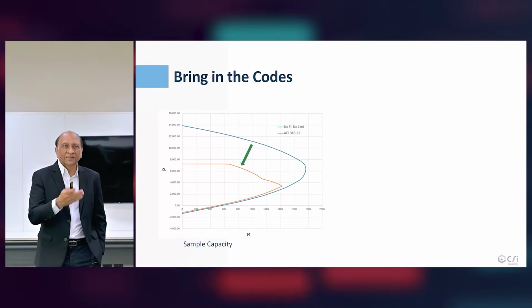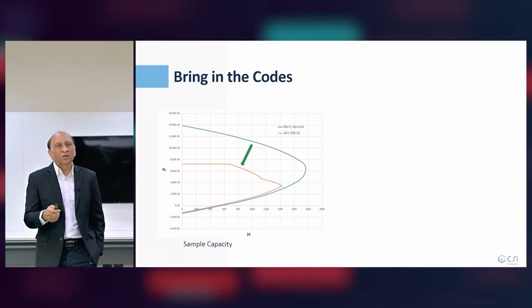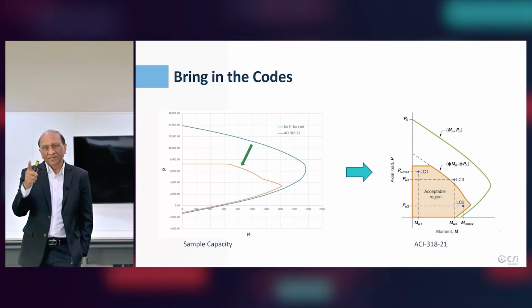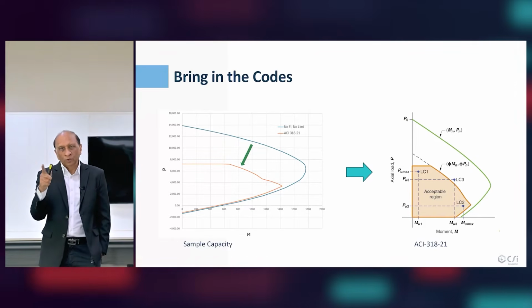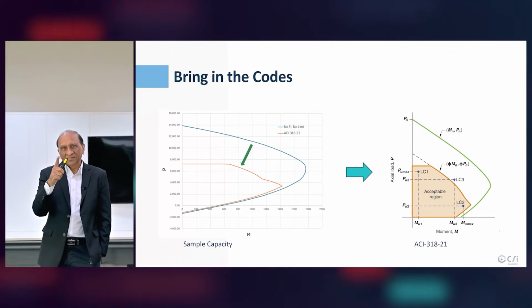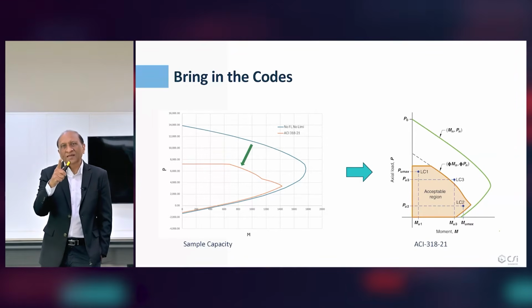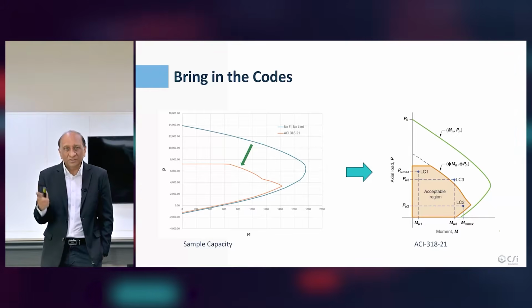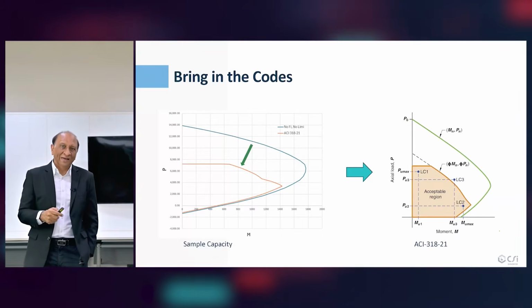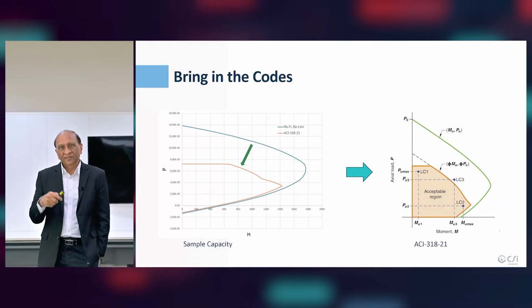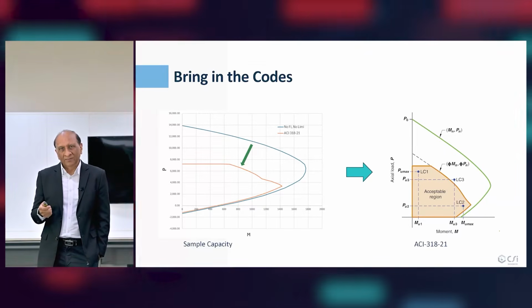There's a larger reduction on the concrete side and a smaller reduction on the steel side. And from ACI 318-21, if you look at their own description, you can see that the theoretical value and the reduced value are very different. This is an additional factor of safety that has been added, so the acceptable region becomes quite small compared to the theoretical value available.